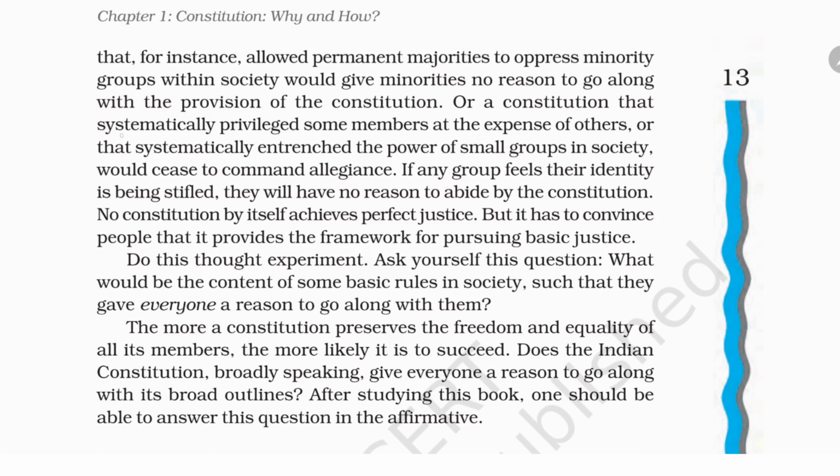Or a constitution that systematically privileged some members at the expense of others, or that systematically entrenched the power of small groups in society, would cease to command allegiance.